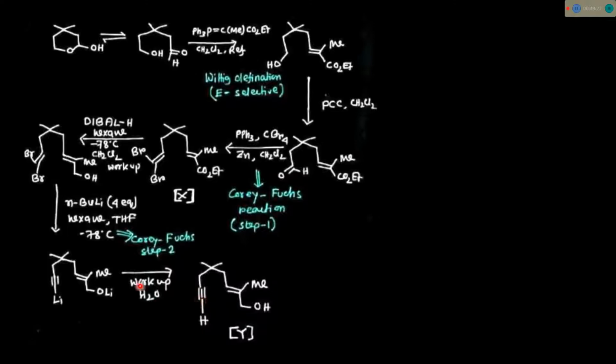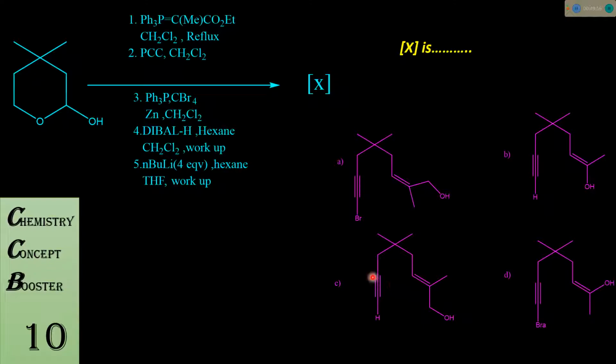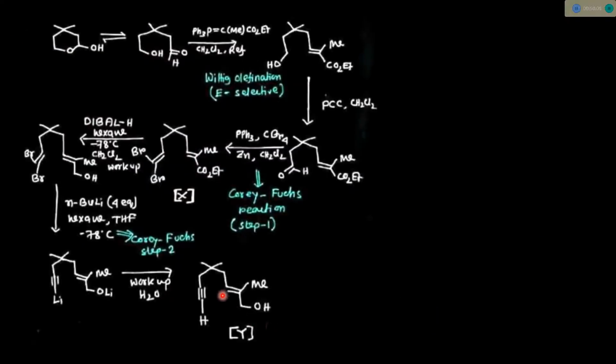So the correct option has the alkyne, and a hydroxy group is there. So this is the product. This is the first step of Corey-Fuchs, this is the second step of Corey-Fuchs, and in the middle they use a different reagent to reduce the ester to alcohol. So we can see there is an alkene, obviously a methyl group, and then CH2OH. And obviously the stereochemistry: the CH2OH is trans to this bond, not cis.